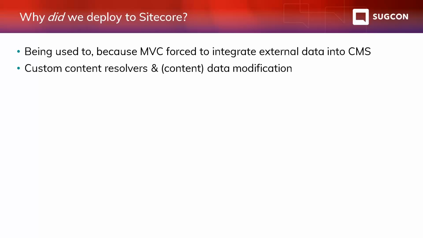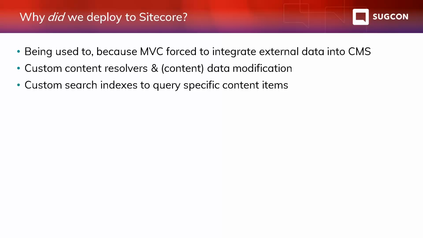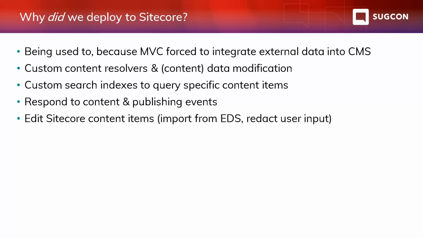And that led us to create custom content resolvers and doing data modifications on the data that we are sending to the front end. We have our custom search indexes, obviously, to query specific content items, and we want to respond maybe to content and publishing events, hook into event handlers and do some changes to the data.